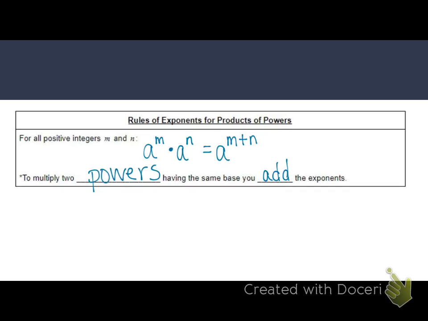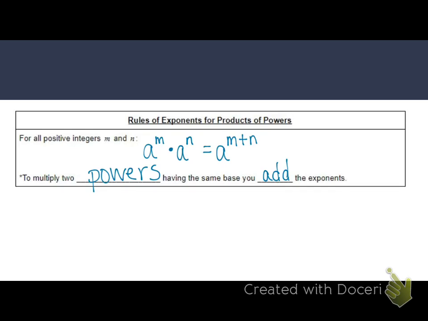Now, throughout the examples, usually our exponents will actually be numbers, so we would actually add them together. Your bases could be a variable like a, or your base could be a number.